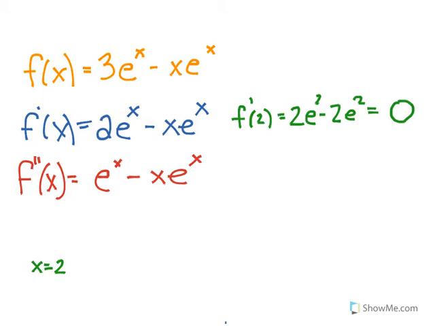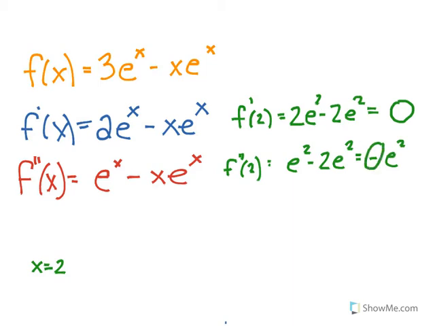Now I'm going to fill it into the second derivative. F double prime of 2 equals e squared minus 2e squared, which equals negative e squared, which isn't the important part. The important part is that this answer is negative.